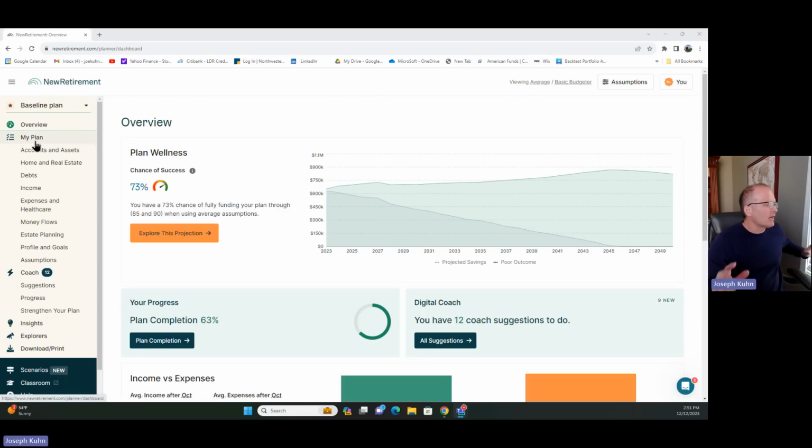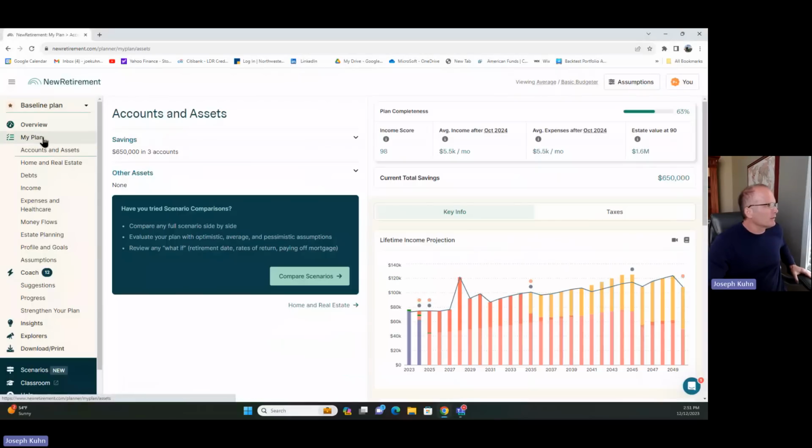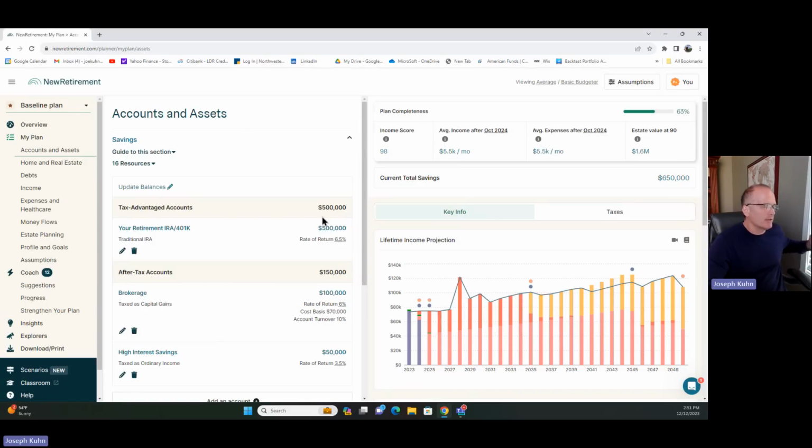Okay, let's just glance at this person that I set up. This is a real couple, but I changed their name, changed a few things about them. So we're just working down this tab here on the left-hand side. Assets and accounts. First one is savings, and this is what you would populate if you bought this.